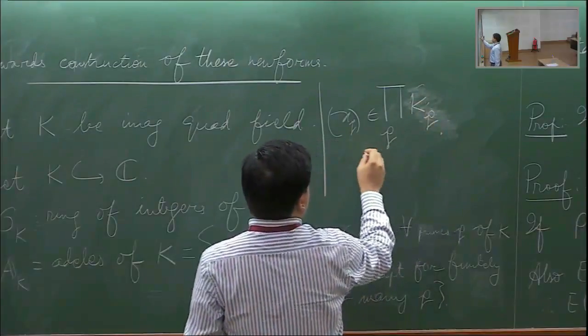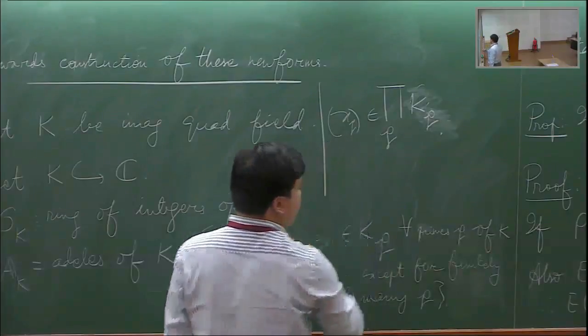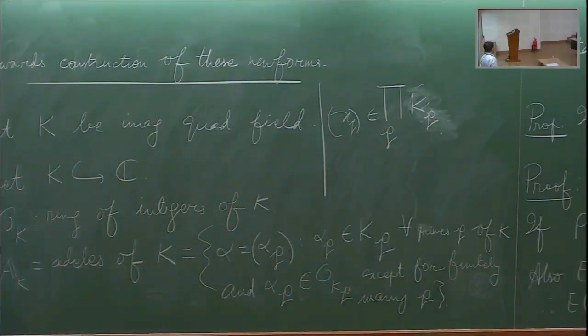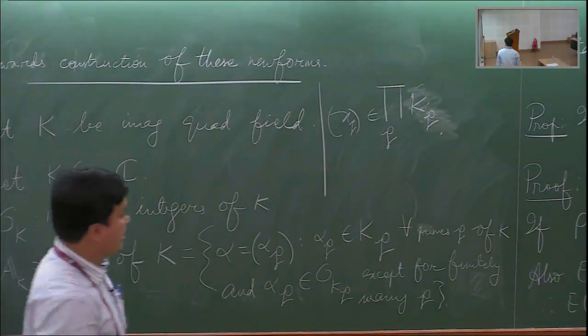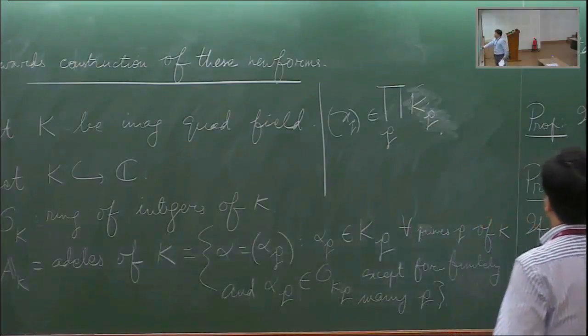So if the xp's are inside OKP, except for finitely many xp's, then you say that it's an element of this. So this is a ring actually, a very important ring.